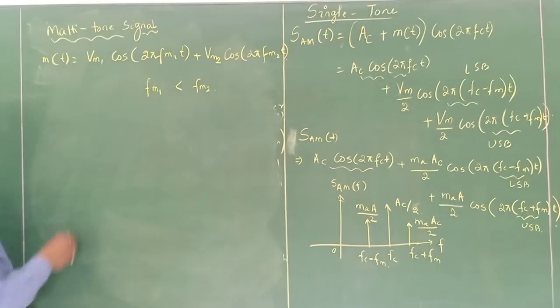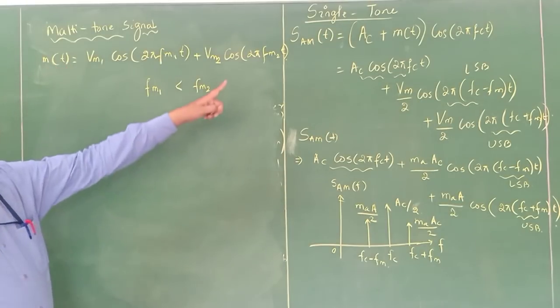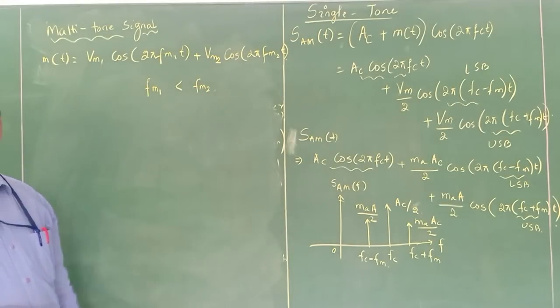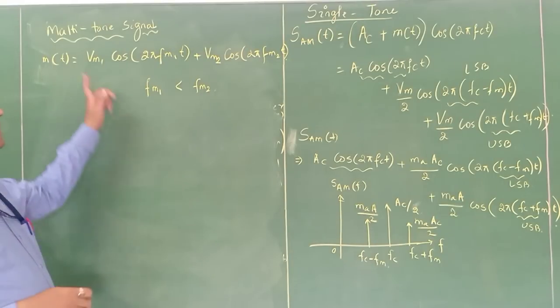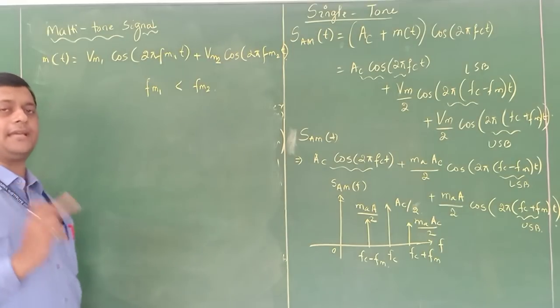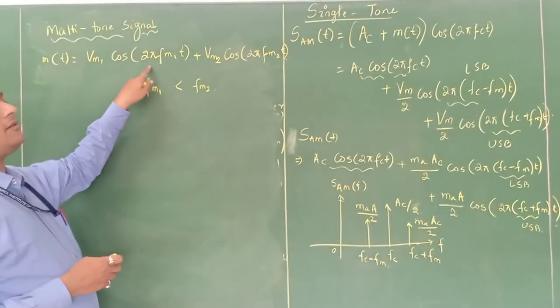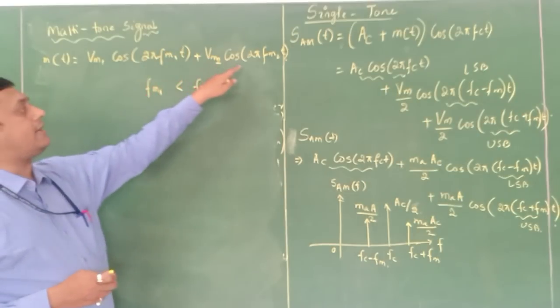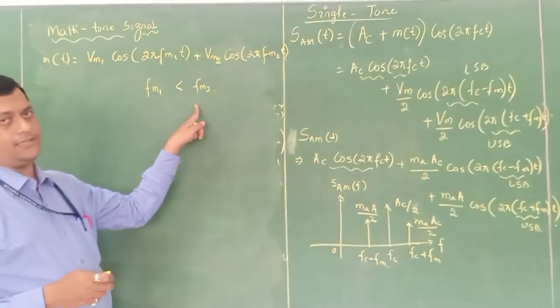Now for this case, I am going to write the AM signal as I have written for single tone. For single tone there are three components: one is the carrier and two are the sidebands. But here there are two modulating signals, which means one carrier, two sidebands corresponding to frequency F1 and two sidebands corresponding to frequency F2.